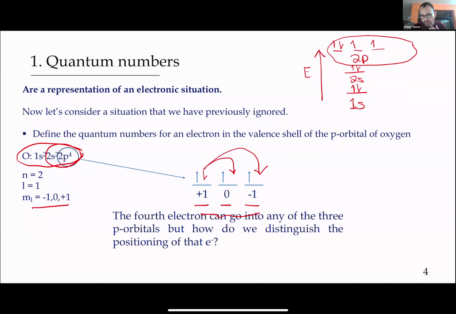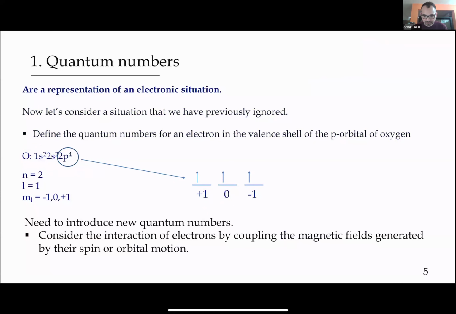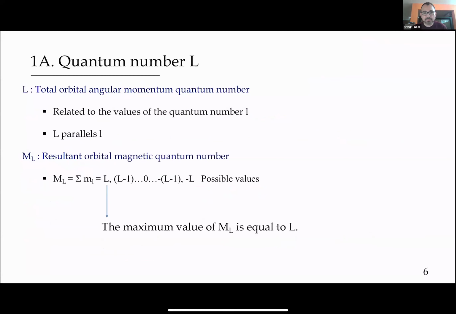And so what we're going to do is define additional quantum numbers to be able to do so, or revisit certain quantum numbers to help us do this. We're going to take into consideration the interaction of electrons by coupling the magnetic fields generated by their spin or their orbital motion. That's what we're going to factor in here. So I'm introducing this quantum number L. Quantum number L is the total orbital angular momentum quantum number. And it actually is very related to the quantum number l, lowercase l.